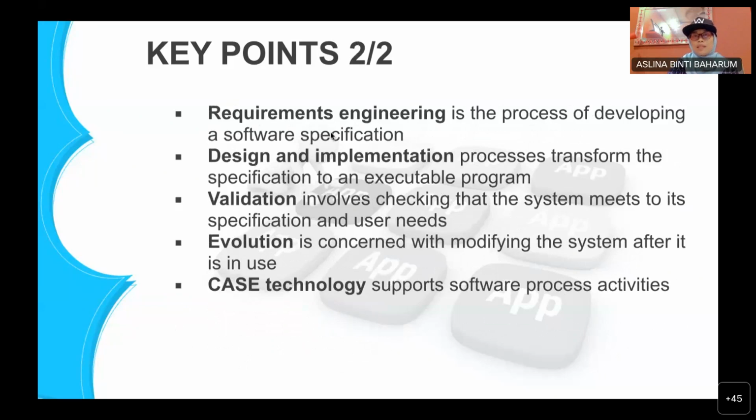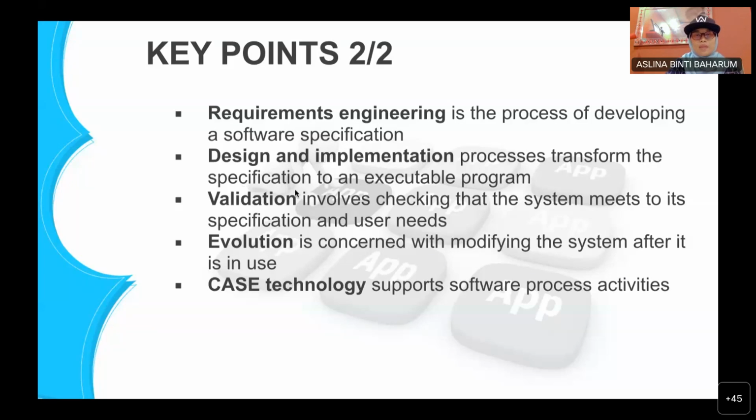And requirement engineering, you need to understand the term being used in here. Requirement engineering is the process of developing a software specification, or in other words, the user requirement, whether for hardware or software. Design and implementation process transforms the specification to an executable program. That's why after analysis, you get the specification, then you start design and implement.